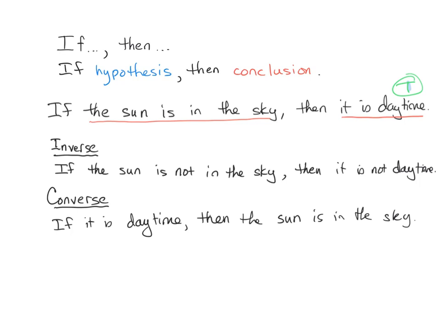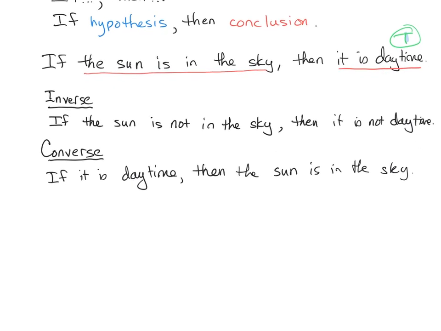And you might see that this is a similar one to when we talked about the inverse, because if it's daytime, perhaps we have an overcast day, so we don't see the sun in it. Okay, so again, this statement is not necessarily true if the first original conditional is true.